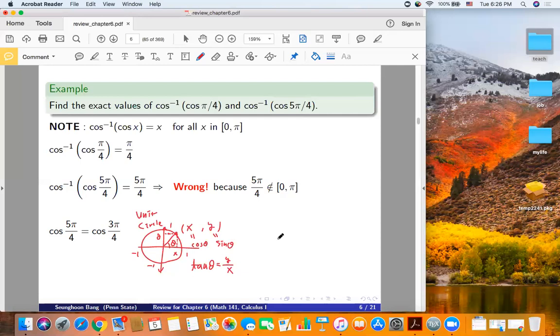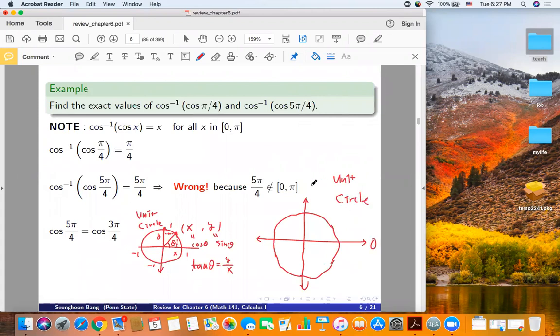So what does it mean? So here we have the unit circle given.